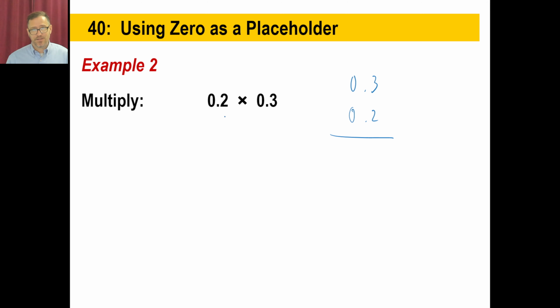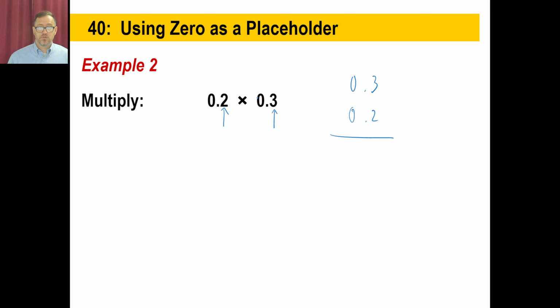At the end of this, you need to put the decimal in the correct place, which means how many numbers are going to be behind the decimal in the answer to this? 2, right? Because there's 1 behind the decimal here. There's 1 behind the decimal there. So the total will be 2.